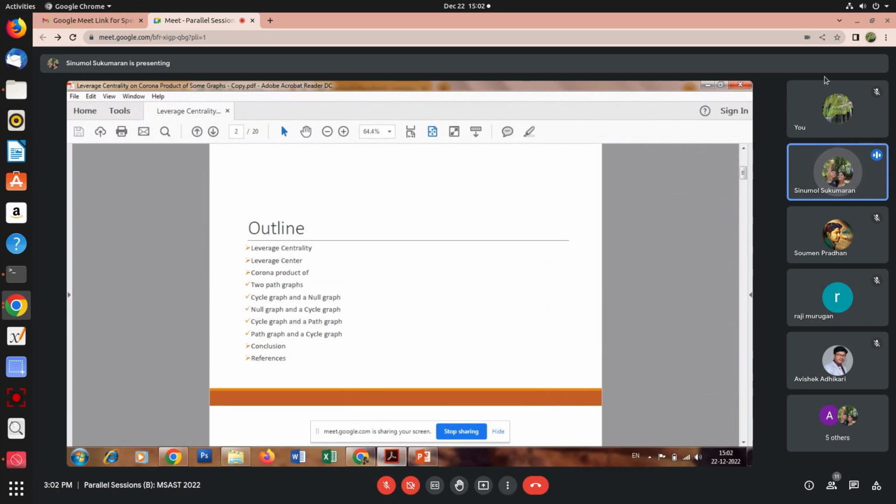This is my outline of presentation. First of all, leverage centrality, leverage center, corona product of two path graphs, then a cycle graph and a null graph, a cycle graph and a path graph, and then conclusion and finally references.